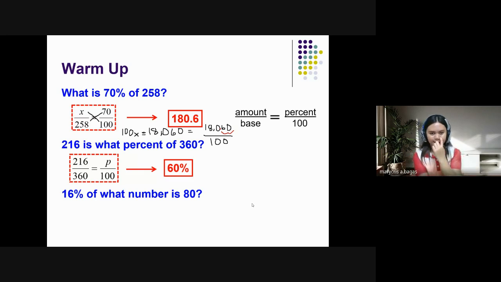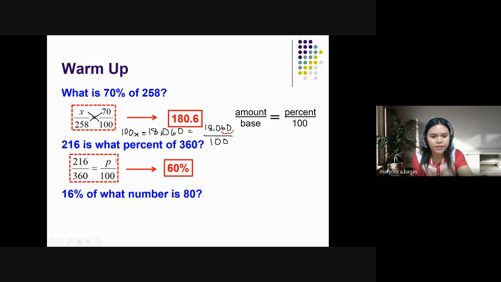Who got the correct answer? 60%. 216 is our amount, 360 is our base because of this word of. This is our keyword. When we say of, that's the base. So we're looking for the percent.